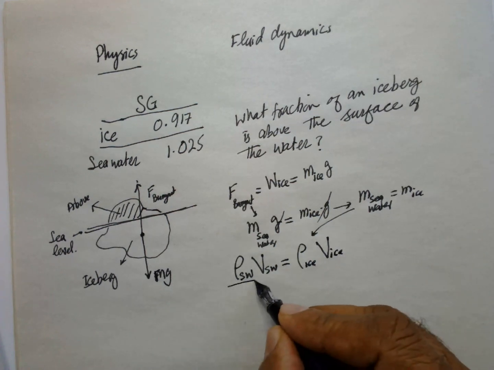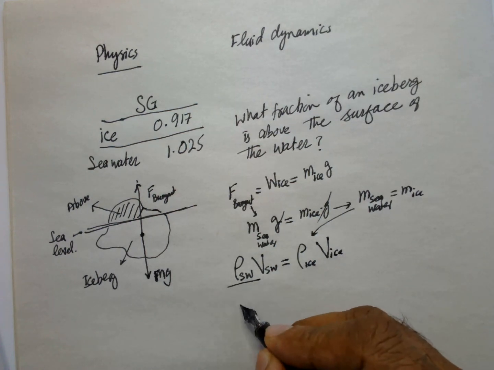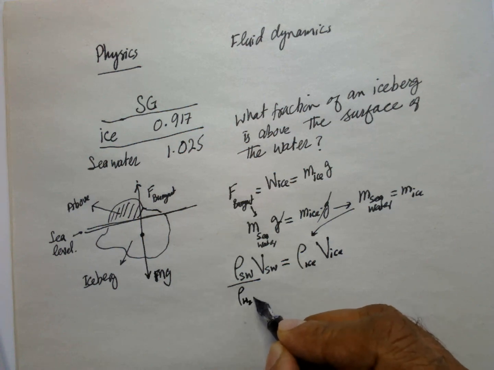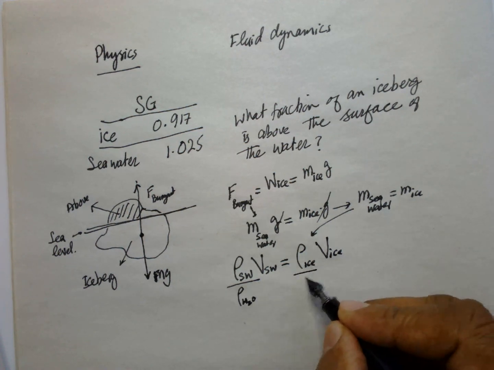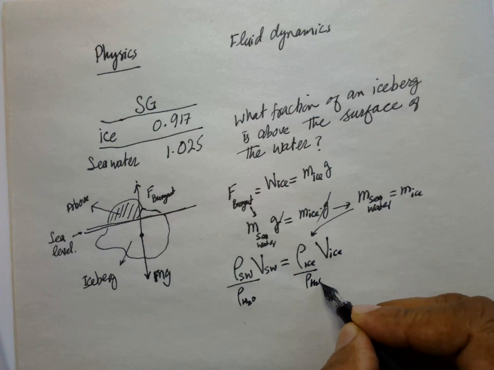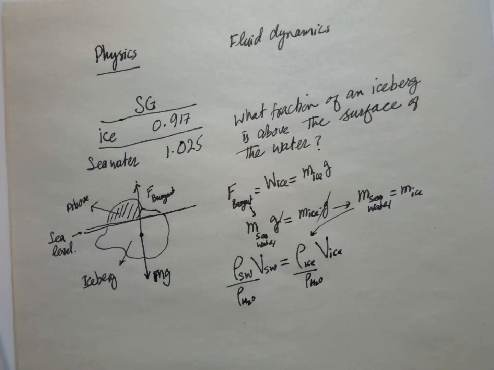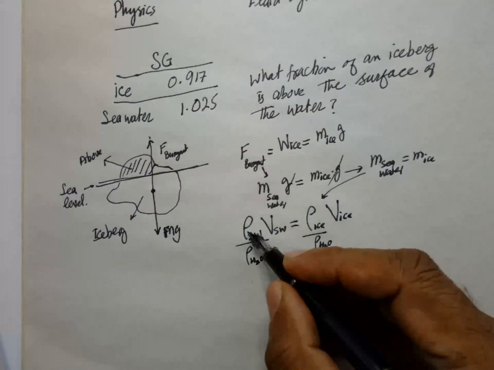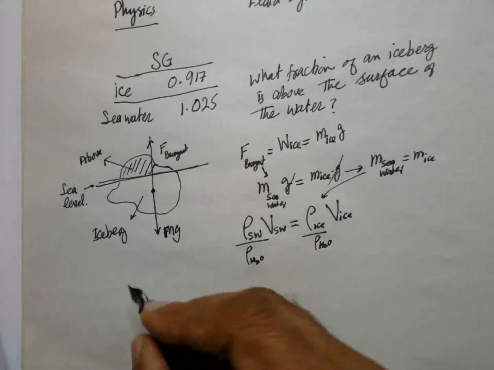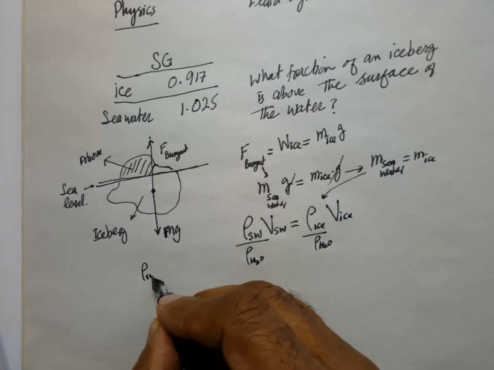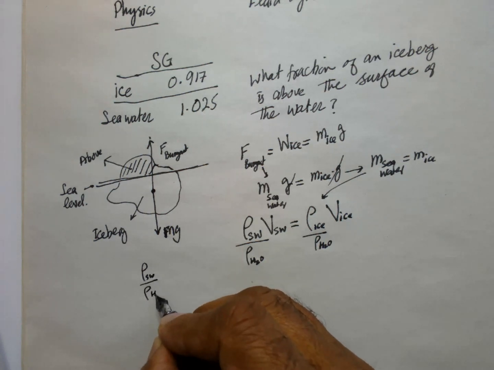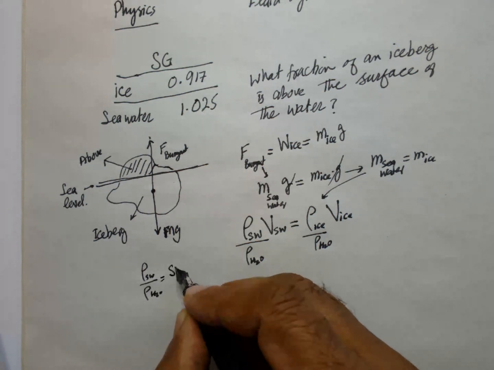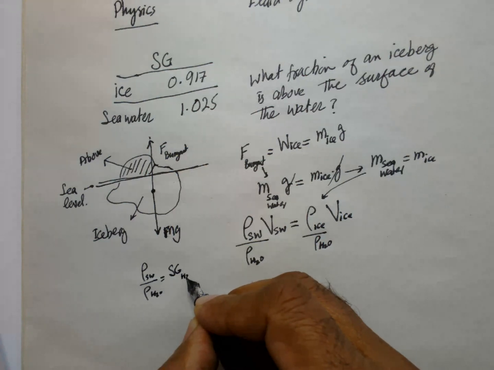If you divide by density of H2O, normal water, so this is density of seawater over density of H2O, which is the specific gravity of seawater.